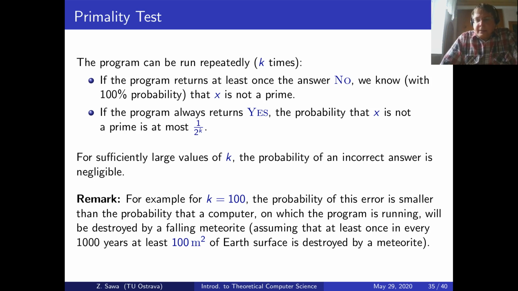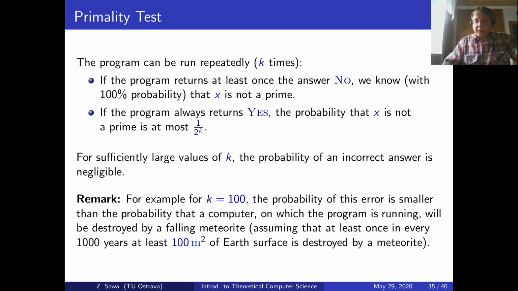But if we run it the first time, the probability of an incorrect answer yes is one half. If we run it 2 times, the probability that it gives an incorrect answer 2 times is 1/2 times 1/2, which is 1 divided by 4. If we run it 3 times, it is 1/2 times 1/2 times 1/2, which is 1 divided by 8.